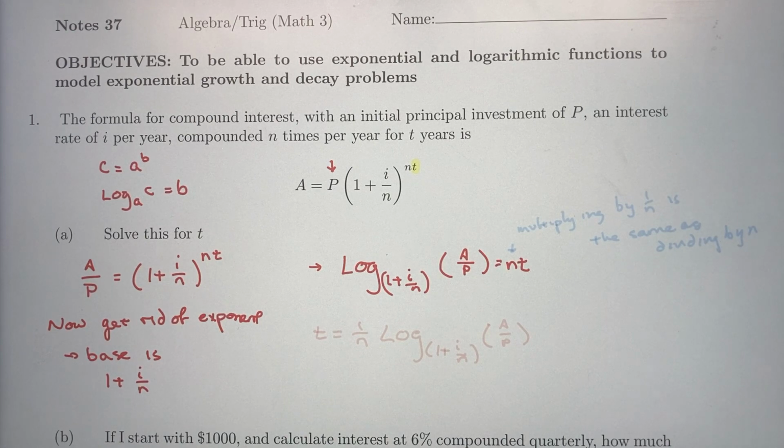Okay, so finishing solving for t, instead of dividing by n, I'm going to multiply by 1 over n. It just makes it easier to type into the calculator and prettier.